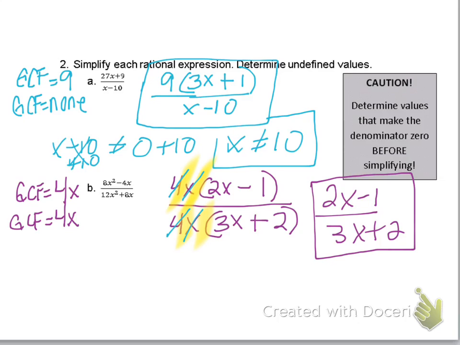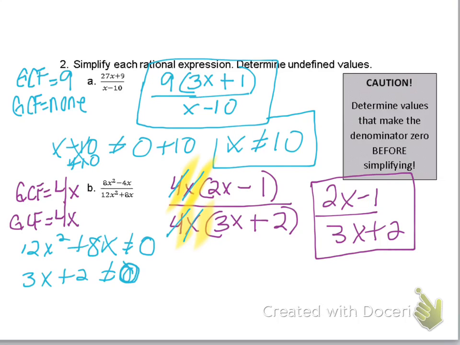Now we have to set both denominators, from the original and the simplified version, to 0. So 12x squared plus 8x and 3x plus 2 cannot be 0. Okay, so let's start with the first one, 12x squared plus 8x.